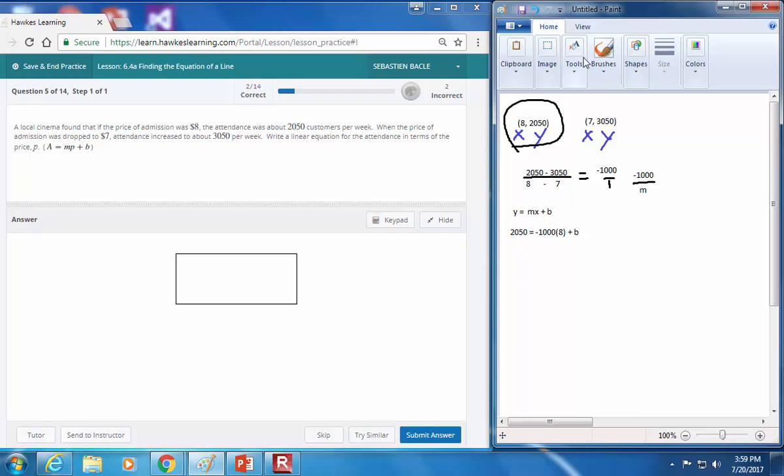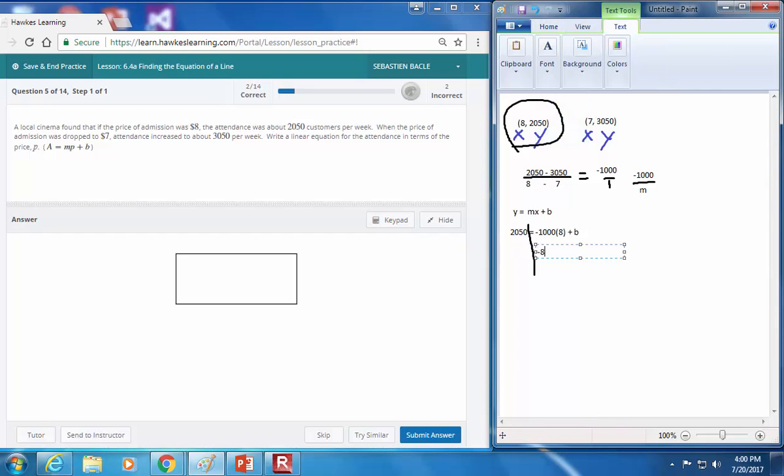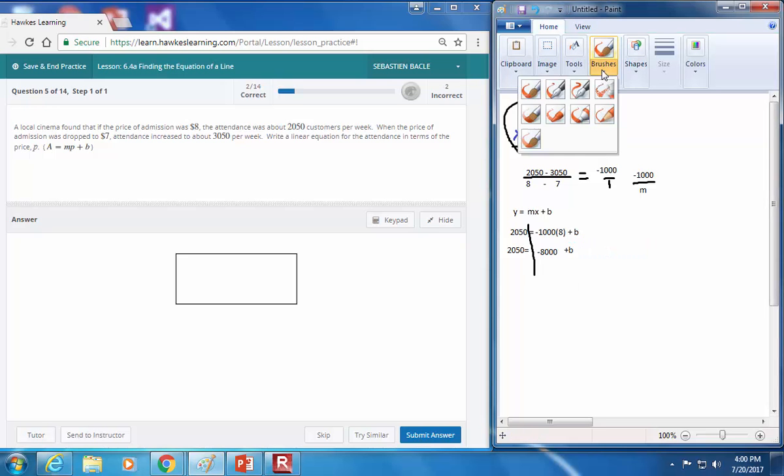And now I do the working out. Negative 1,000 times 8 is not too bad. That's negative 8,000. And so 2,050 equals negative 8,000 plus b. And then at the very end, I cancel out that negative 8,000 with a plus 8,000 on both sides.